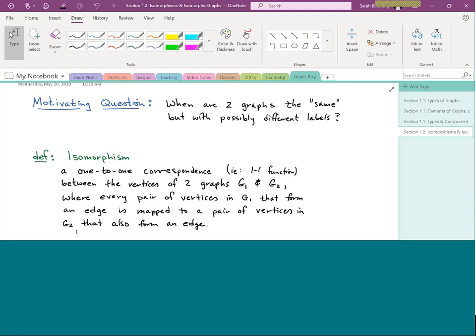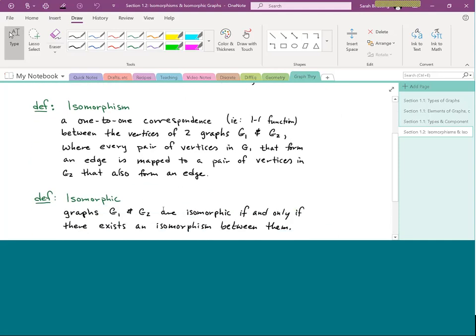Now, how it's used in context if you actually have the graphs in front of you: you would say that if you have two graphs, they are considered isomorphic exactly when, or if and only if, you've got that function called an isomorphism going on behind the scenes. Okay? So all of the heavy lifting is done by this thing called an isomorphism.